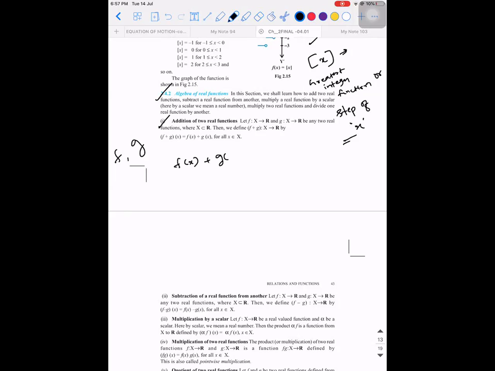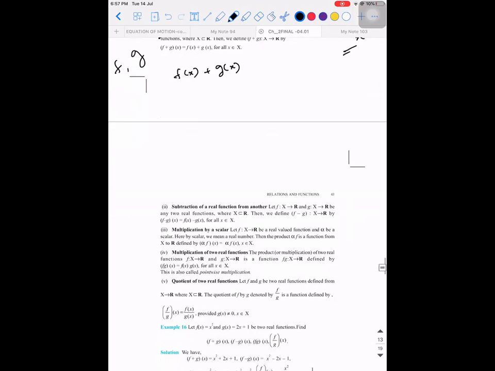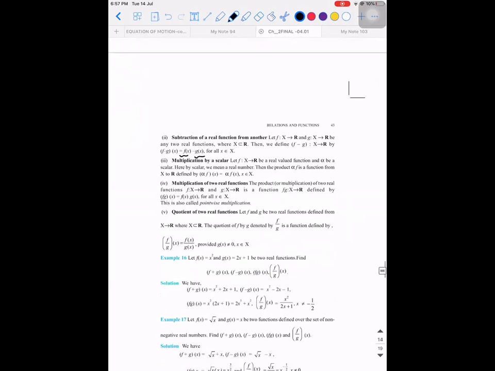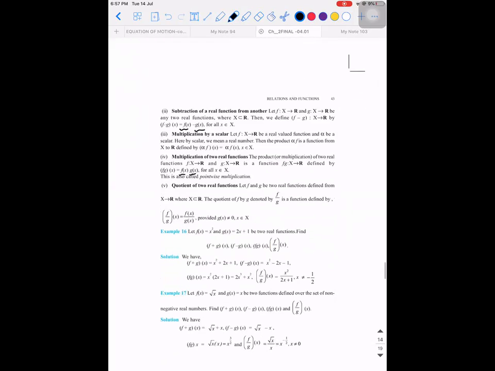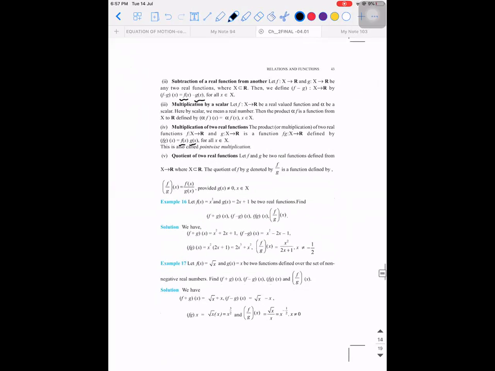You can do f of x plus g of x, f of x minus g of x, f of x into g of x, or f of x by g of x, where g of x should not be equal to 0. That is the only condition.